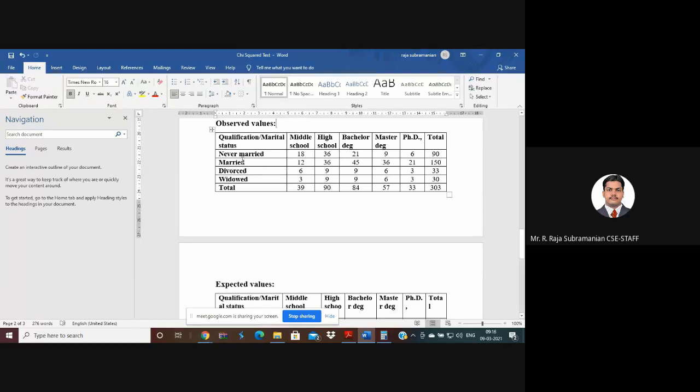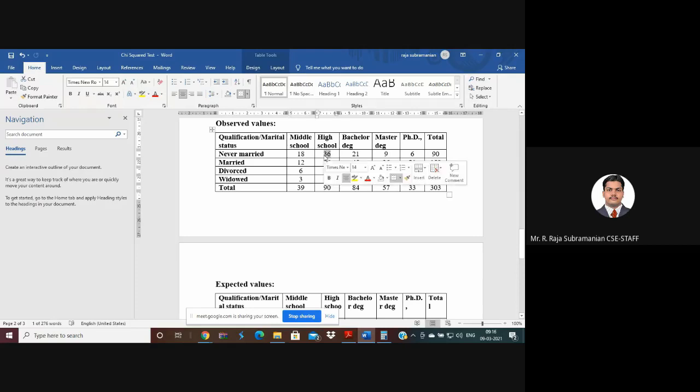Right? What is the question given? If a person is never married, 18 people are in middle school, 36 people are in high school, 21 are in bachelors, 9 are in masters, and 6 in PhD. If you see, those who are married have the master's degree to the maximum level. Those who are married also have the PhD to the maximum level.